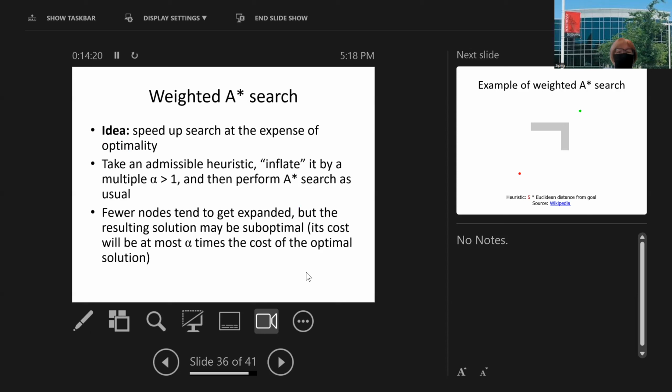And another idea is weighted A star search. This can speed up the search, but at the expense of optimality. It takes the admissible heuristic and inflates it by a multiple alpha greater than 1, then you perform the A star search as usual.